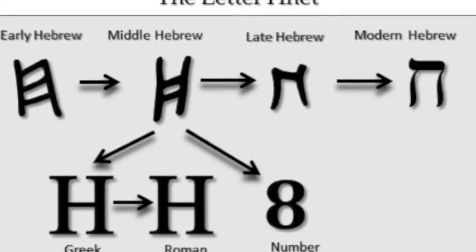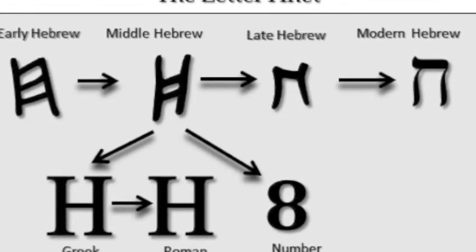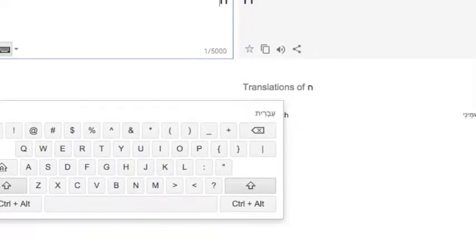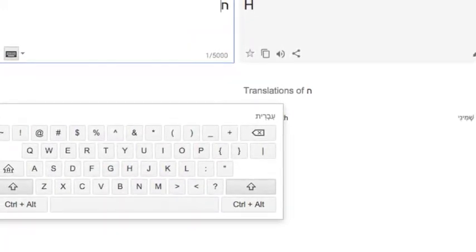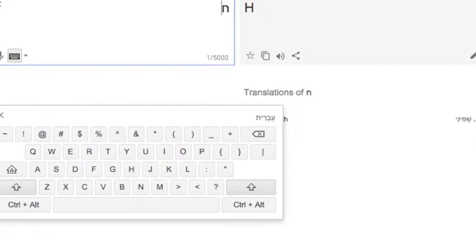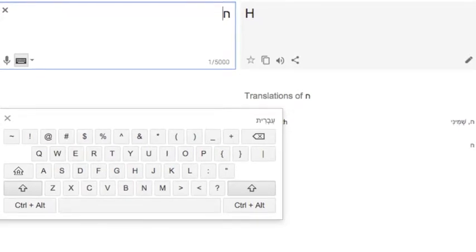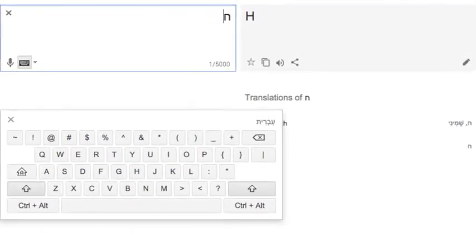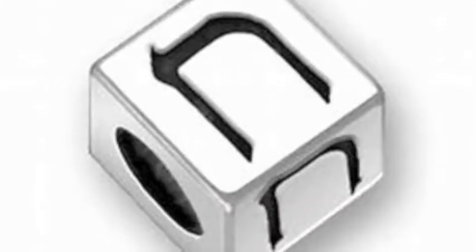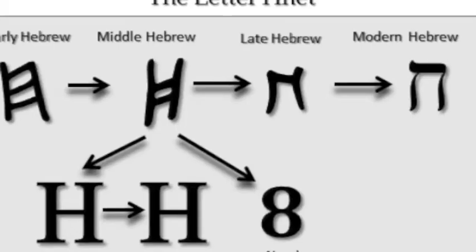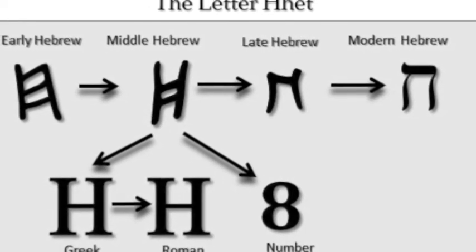The Middle Semitic script is the origin of the Greek and Roman H. If you type that Hebrew alphabetic letter in Google Translate, it would give you the letter H. The late Semitic script became the modern Hebrew. The Middle Semitic form of this letter became the letter H.